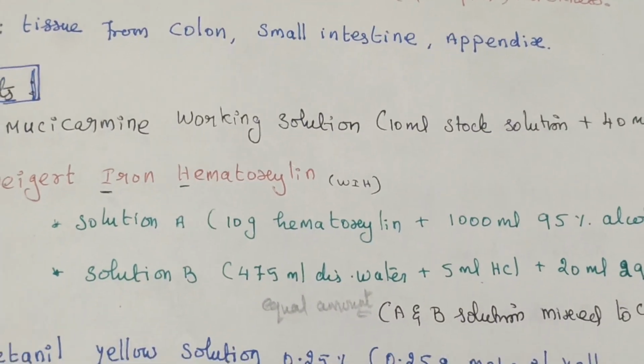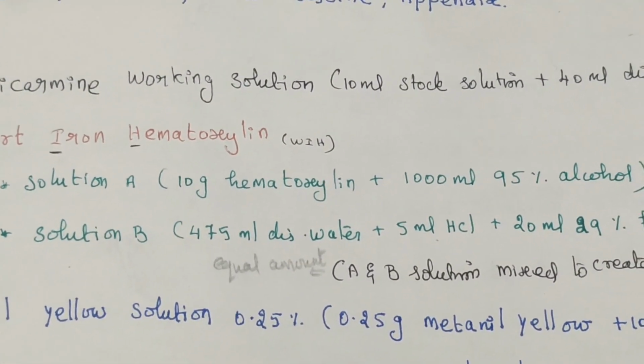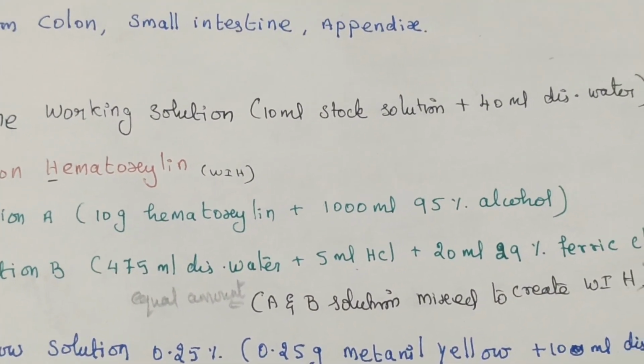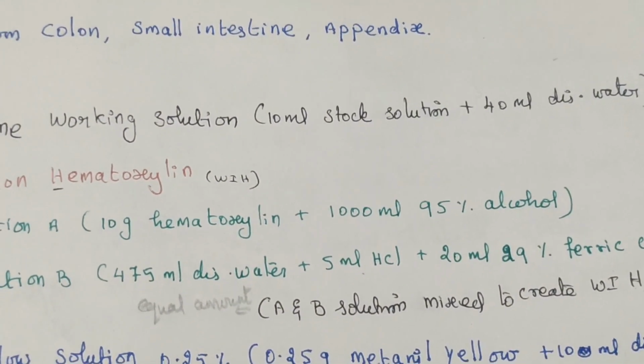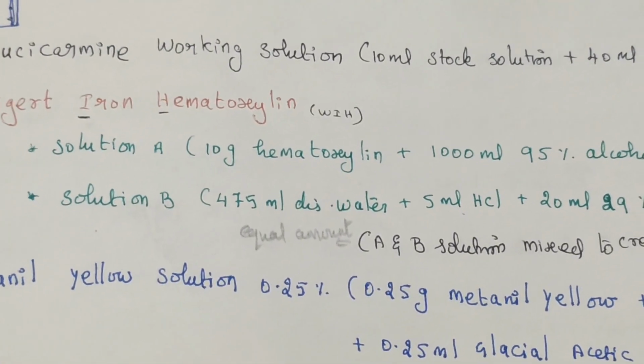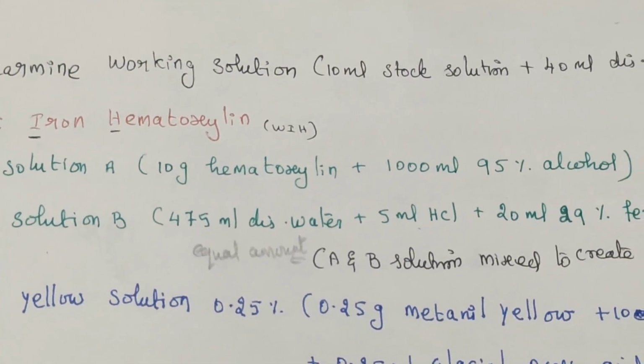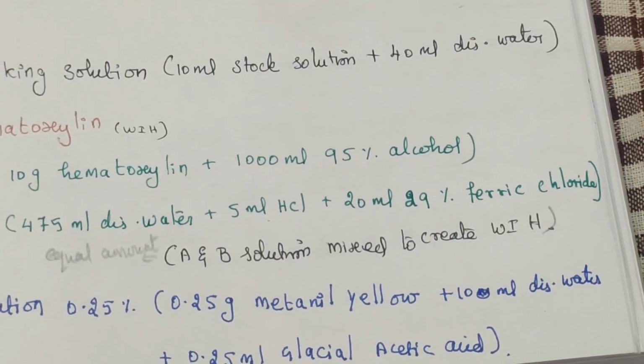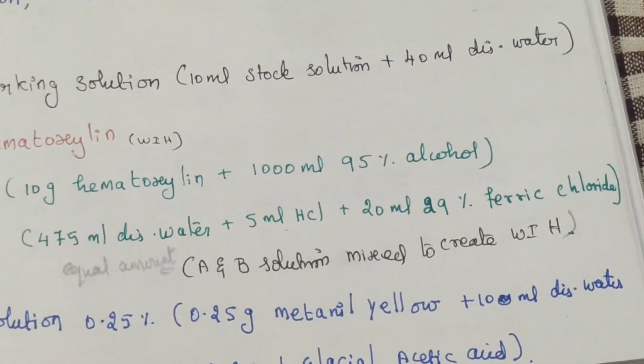hematoxylin. It contains two solutions, solution A and solution B. Solution A contains 10 gram hematoxylin plus 1000 ml of 95% alcohol. Solution B contains 475 ml of distilled water, 5 ml of HCl, and 20 ml of 29% ferric chloride.